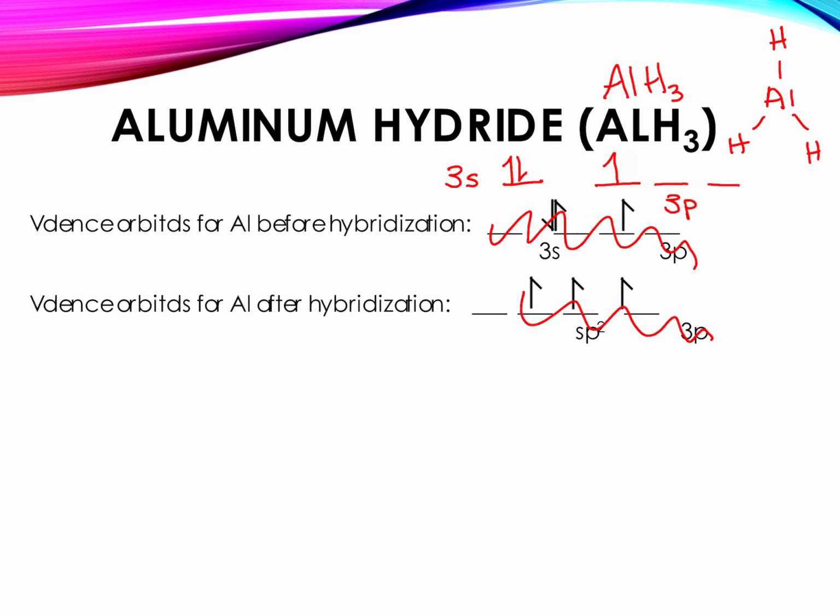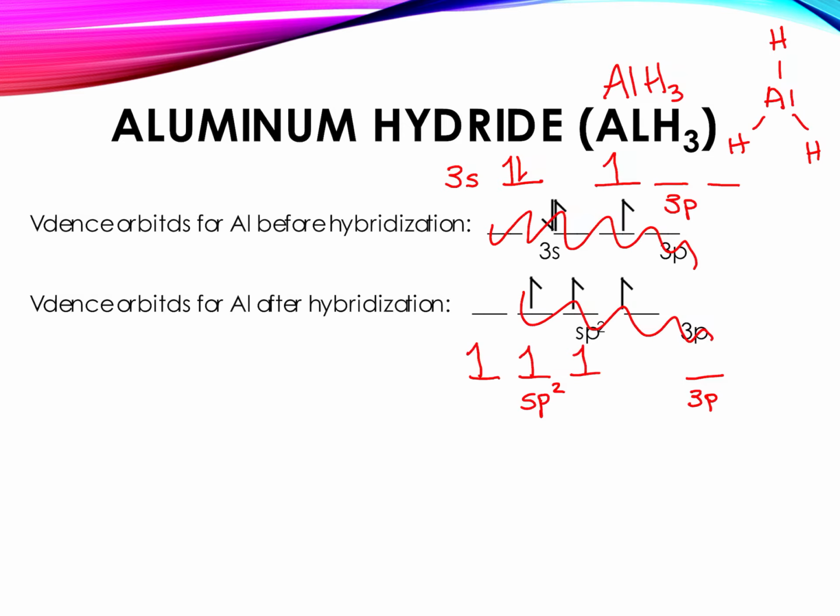So it's going to turn out that we have 3 sp2 hybrid orbitals and 1 3p orbital that we are just leaving alone, that is not hybridized. We're just going to ignore it. And we're going to put 1 electron in each of these because we know aluminum has 3 valence electrons.